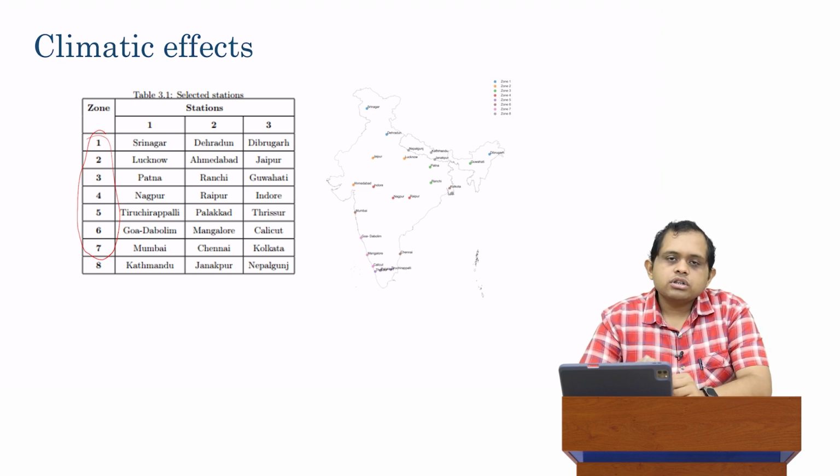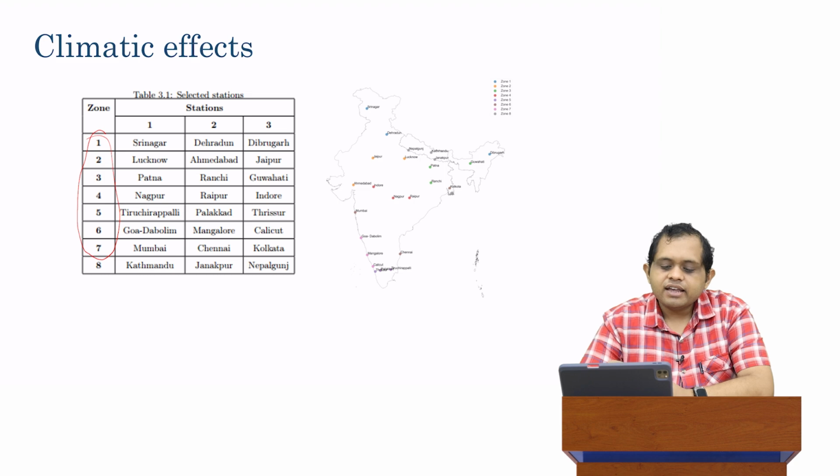So what this particular student did is we took the two countries, India and Nepal, and in India we took the 7 climate zones as IRC 58 defines, and then we also chose an additional zone number 8, which was for Nepal. Within each zone, we selected 3 major cities for which we could collect the relevant data.